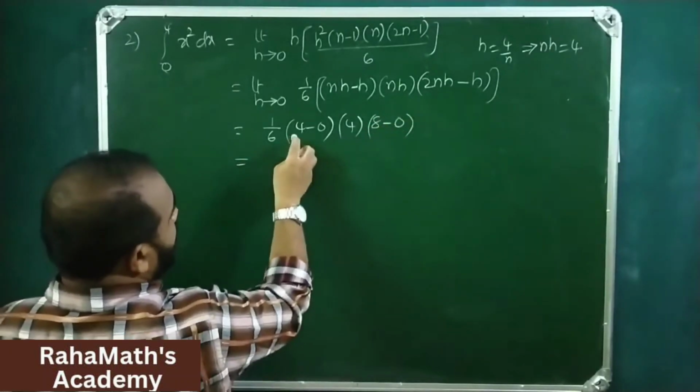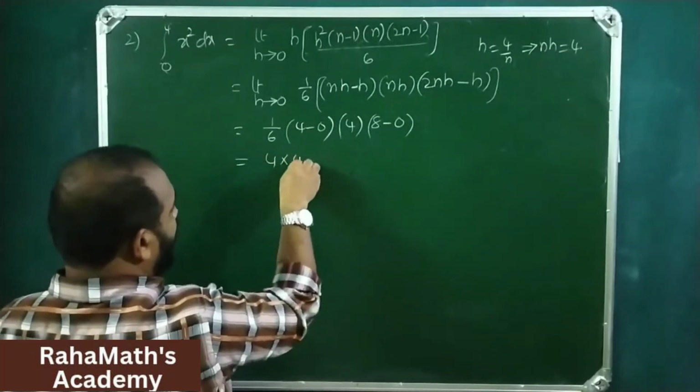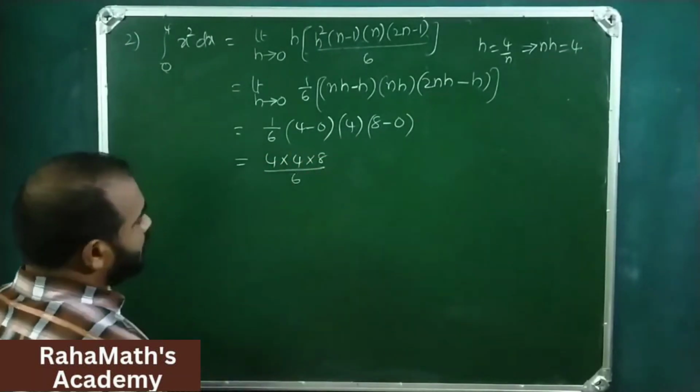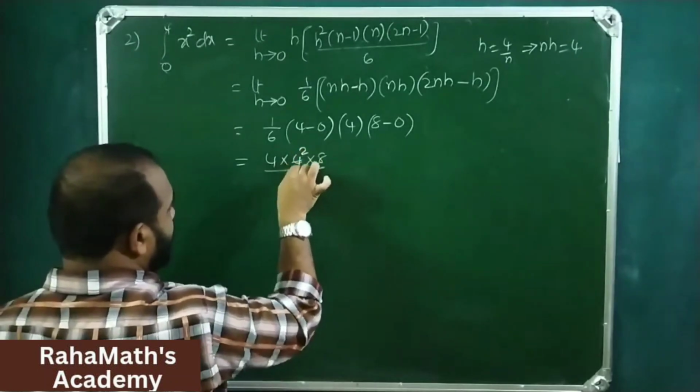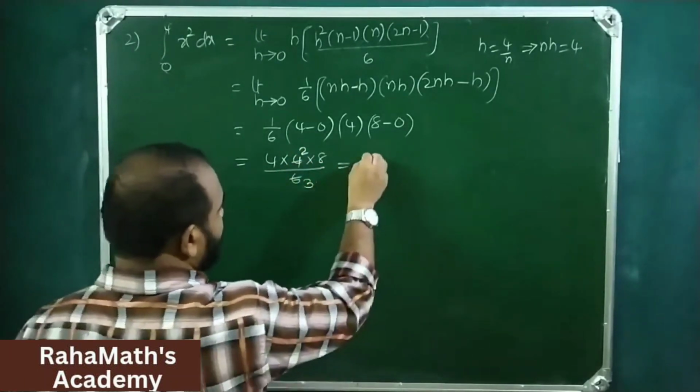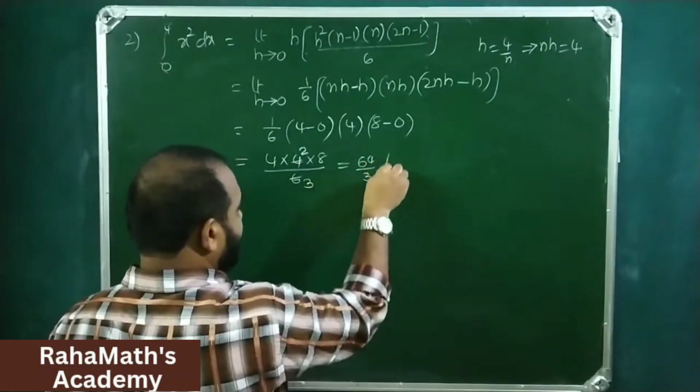So that equals 4 into 4 into 8 by 6. So 2 twos, 2 threes, 64 by 3.